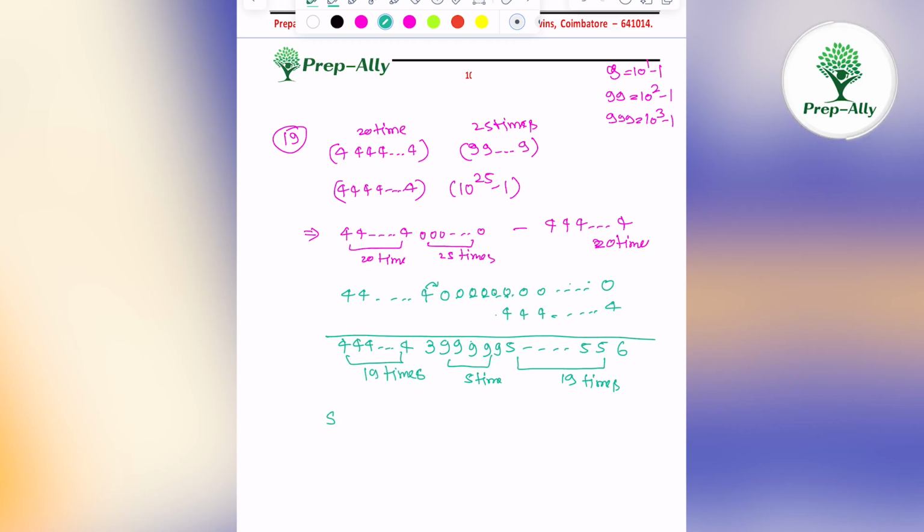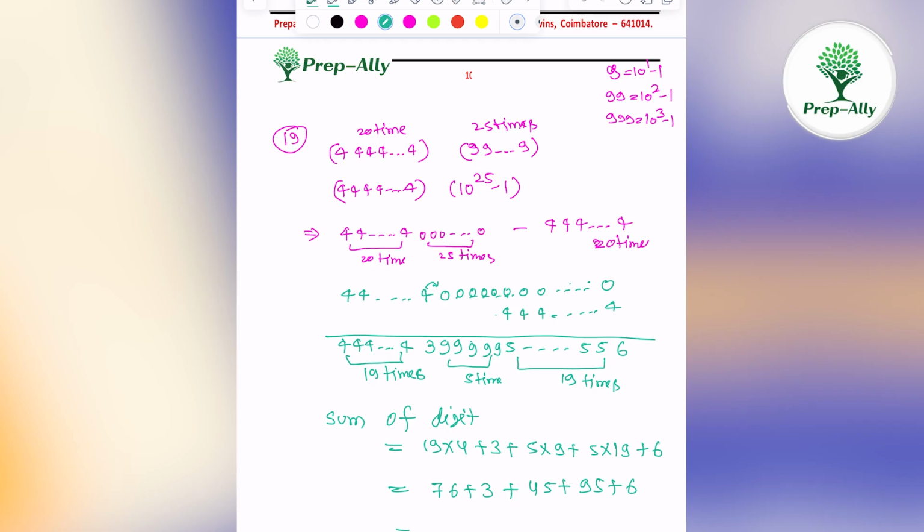So in this question we have to find the sum of the digits. So we can write here sum of digits is equal to 19 into 4 plus 3 plus 5 into 9 plus 5 into 19 plus 6. So here if we simplify, 19 4s are 76 plus 3, 5 9s are 45, 5 19s are 95 plus 6.